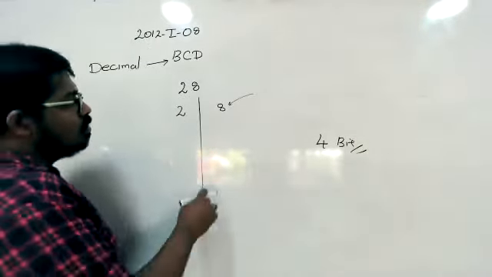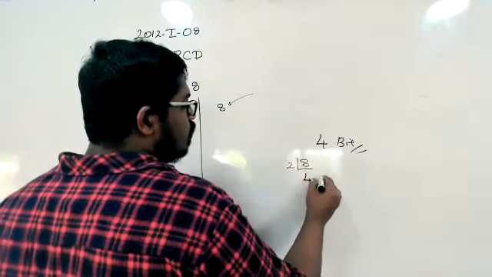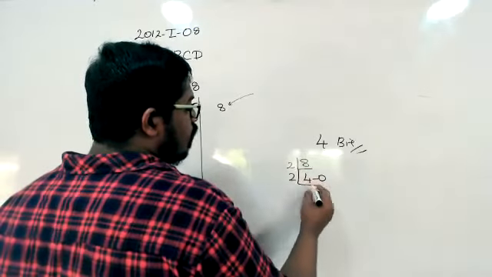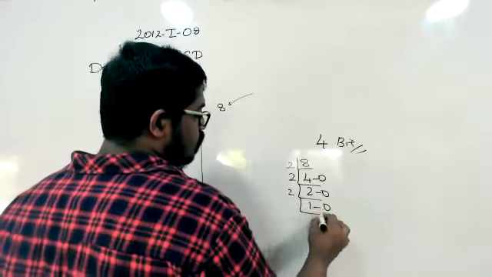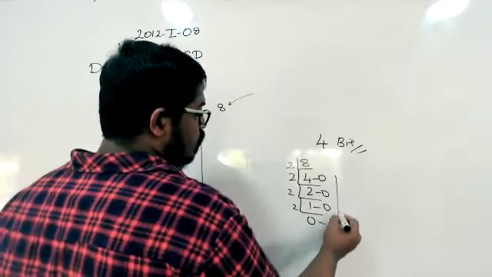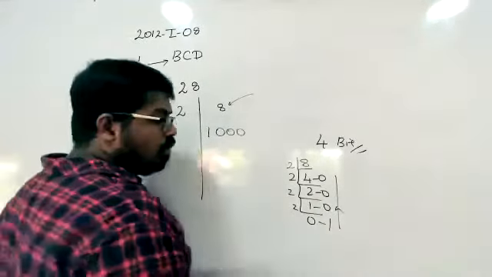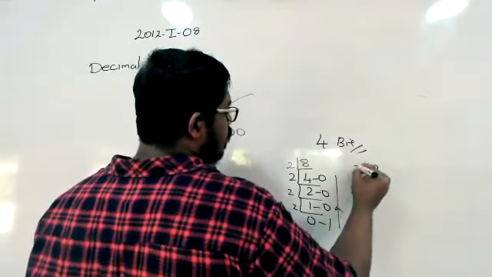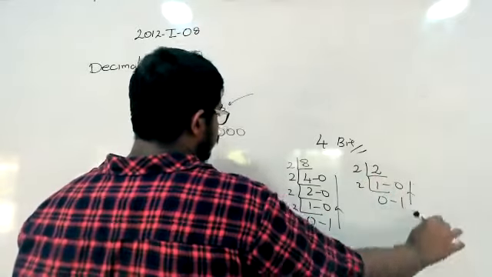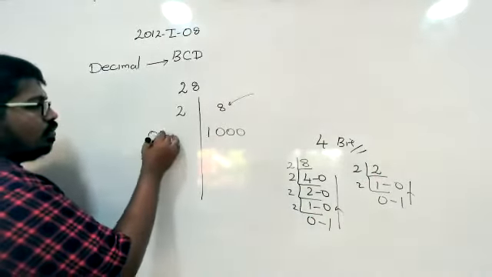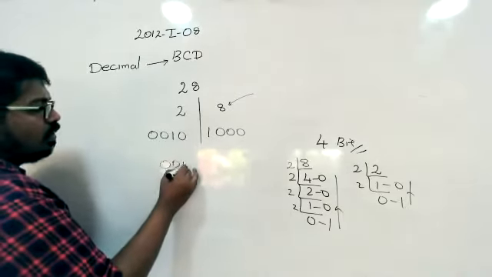When you convert 8 to binary, it will be 1000. When you convert 2, it will be 10, so 0010. When you combine these, 0010, 1000.